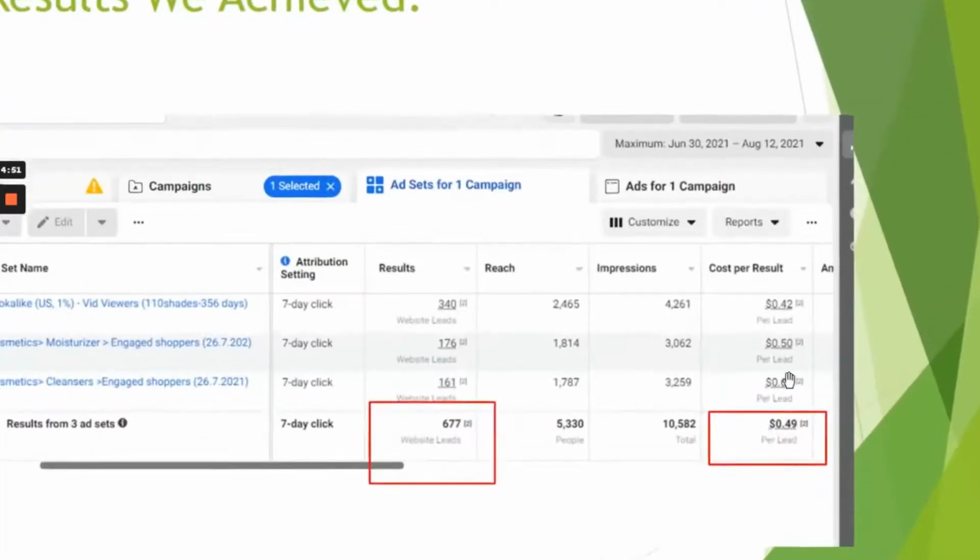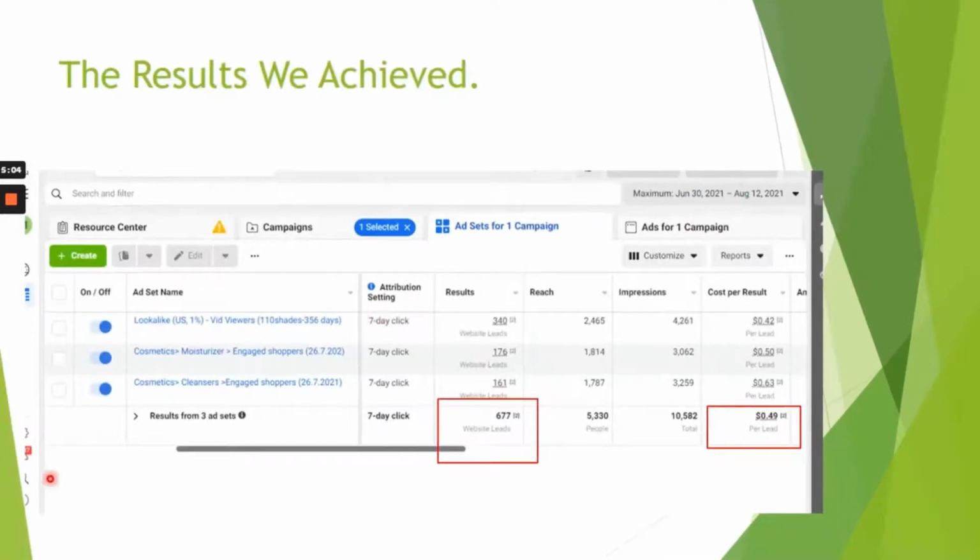If we take a look at the cost per lead, all of them performed really well, and they managed to get an average cost per lead which is 0.49 cents.